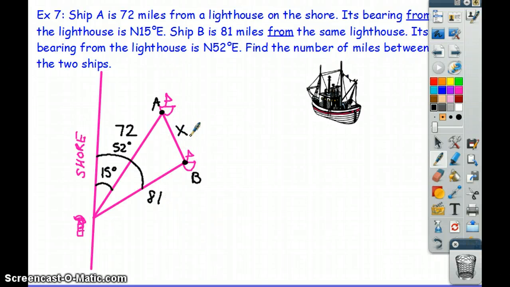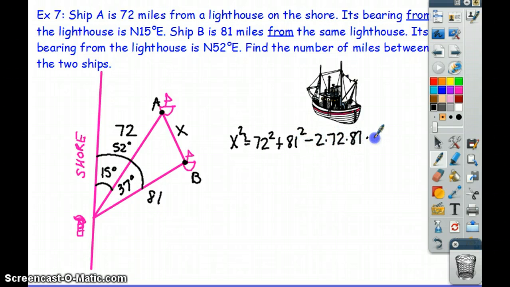Well, we've got the two sides. All we need is the angle. And this one might be the easiest one yet to find that angle. 52 minus 15, 37. Using law of cosines, I've got my side angle side. X squared equals 72 squared plus 81 squared minus 2 times 72 times 81 times the cosine of 37.